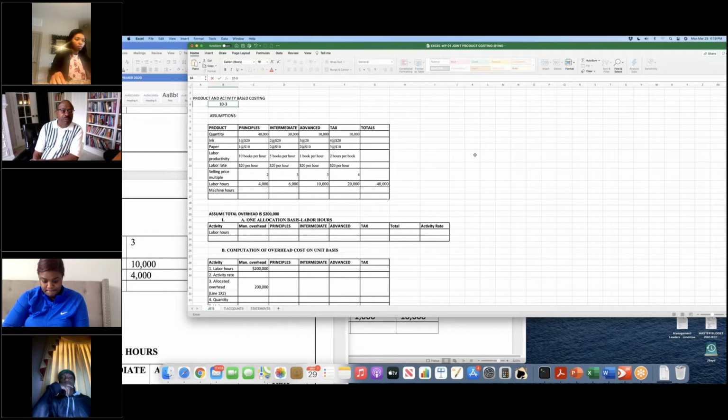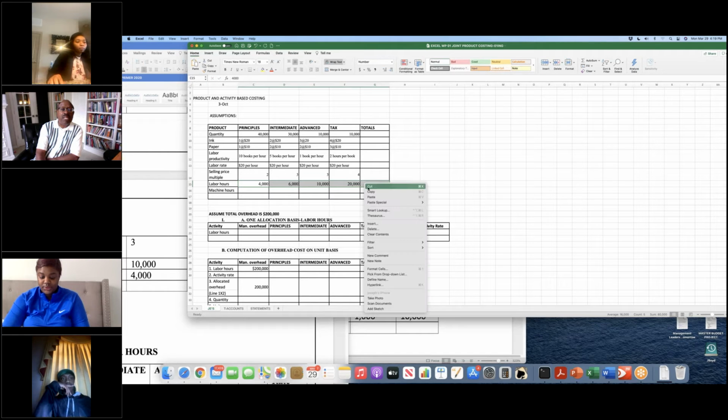And the first thing you all are supposed to do is calculate activity rates, correct? Yes. What is the activity rate? 10. So we're going to copy these and paste them, right?